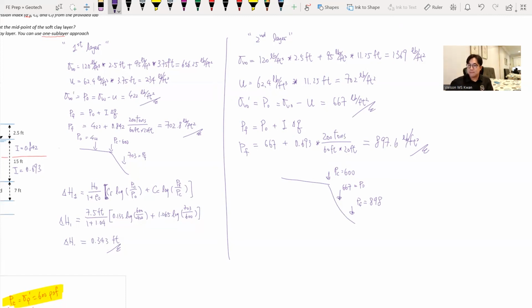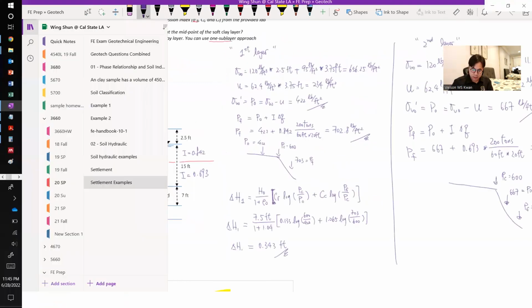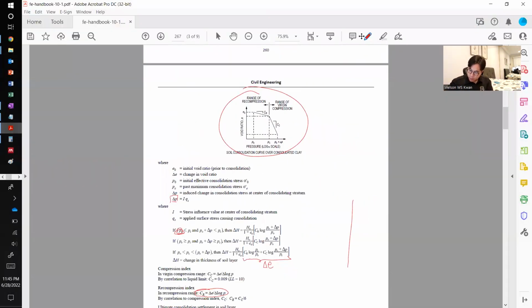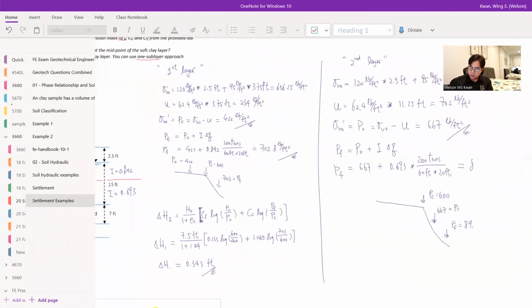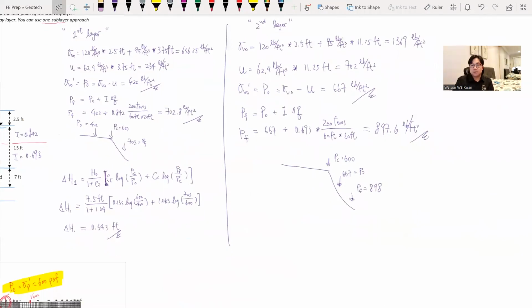So for the case that both initial stress and final stress are greater than the maximum past pressure, per the FE manual, we are only in the C sub C region, so we are in this case. So we can use that formula to find our settlement of the second layer.